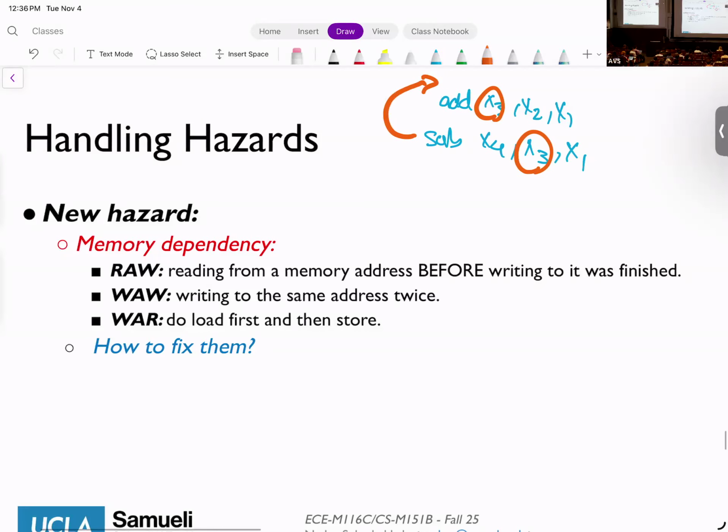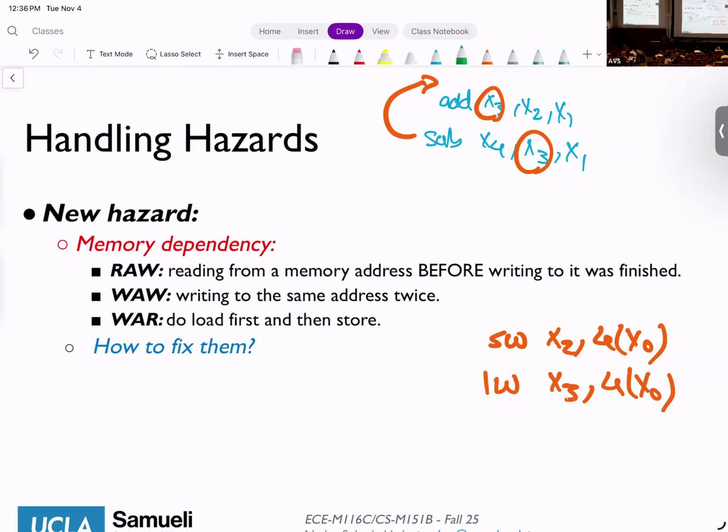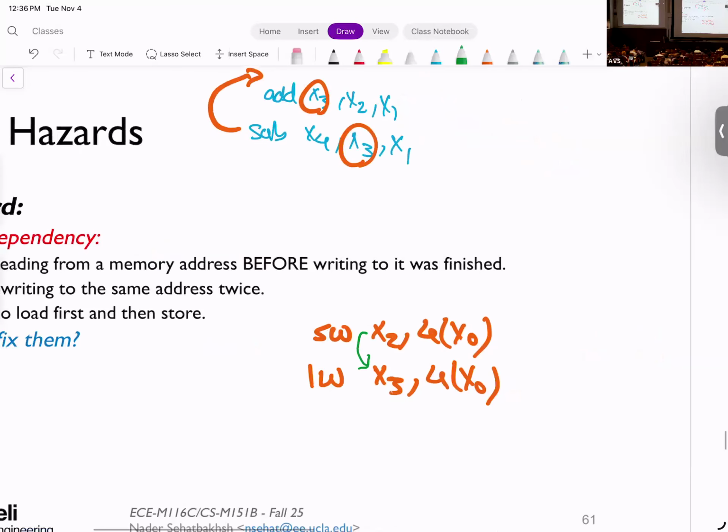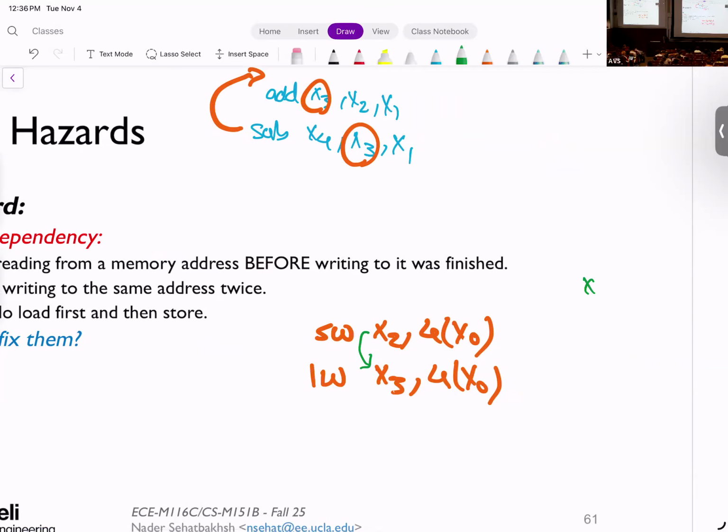But now think about a scenario where I have store x2, 4(x0), and then load word x3, 4(x0). In this case, the value of x2 should be written to x3. The first one says write x2 into memory address 4, and the second says read memory address 4 and write it to x3.